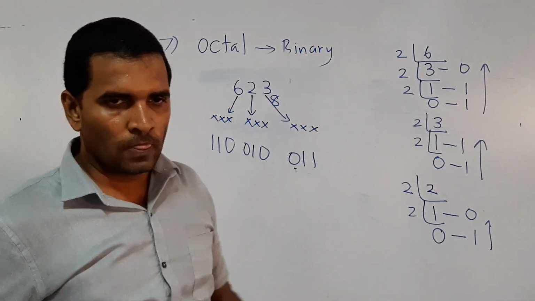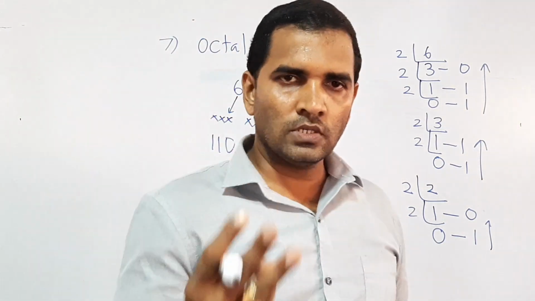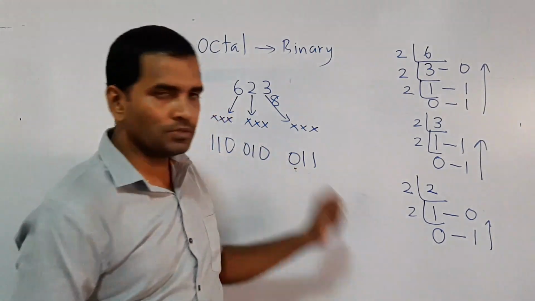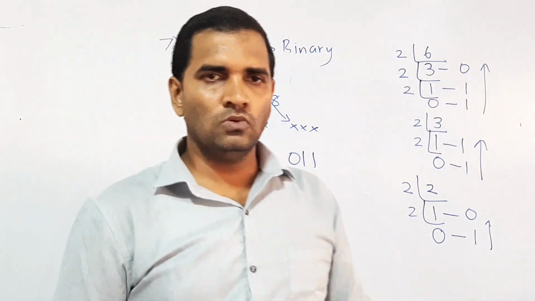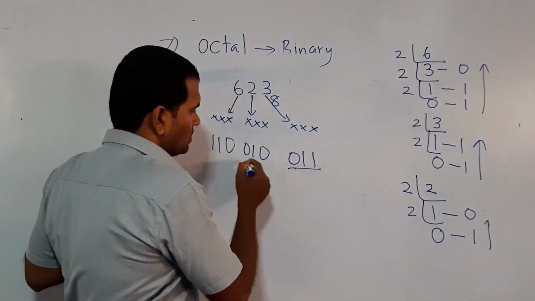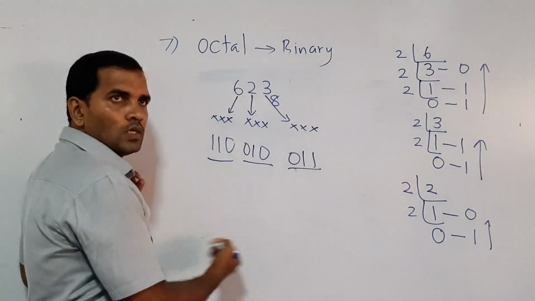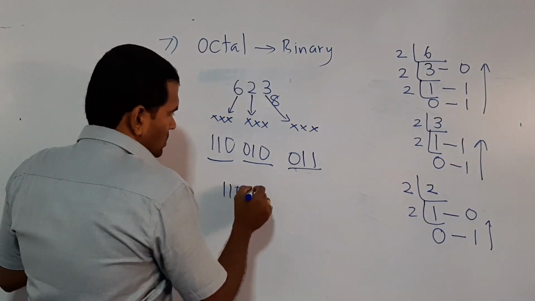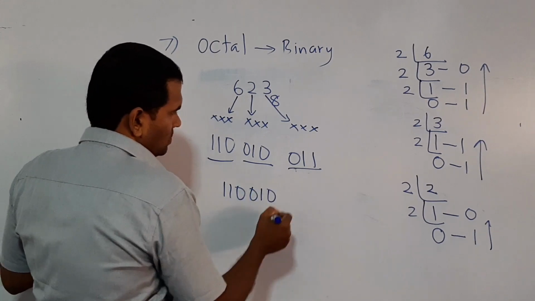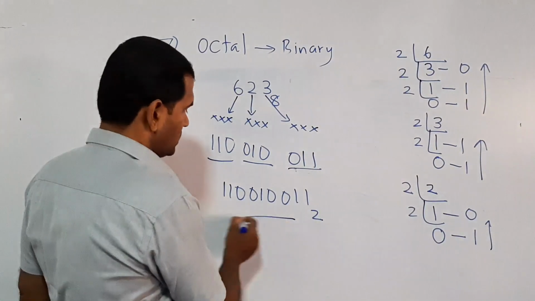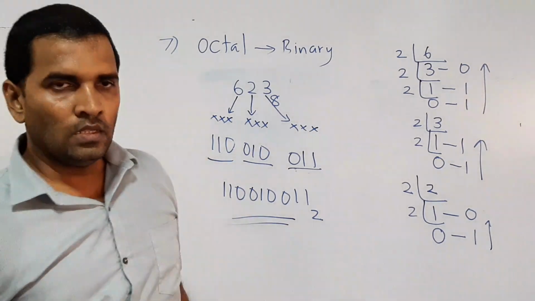So make sure when you have numbers with less than 3 digits, you add zeros in front and take them as 3 digits. So now 3 digits, 3 digits, 3 digits. Now write them together. So 1 1 0 0 1 0 0 1 1 is the answer. Right?